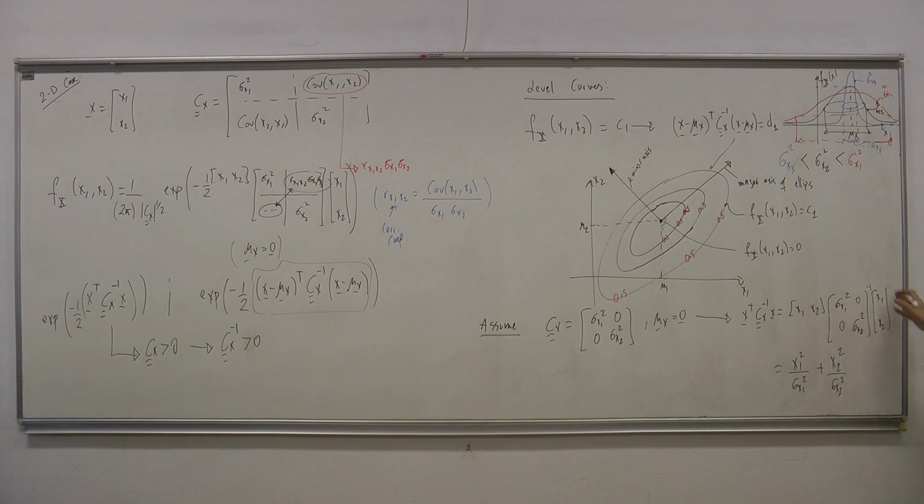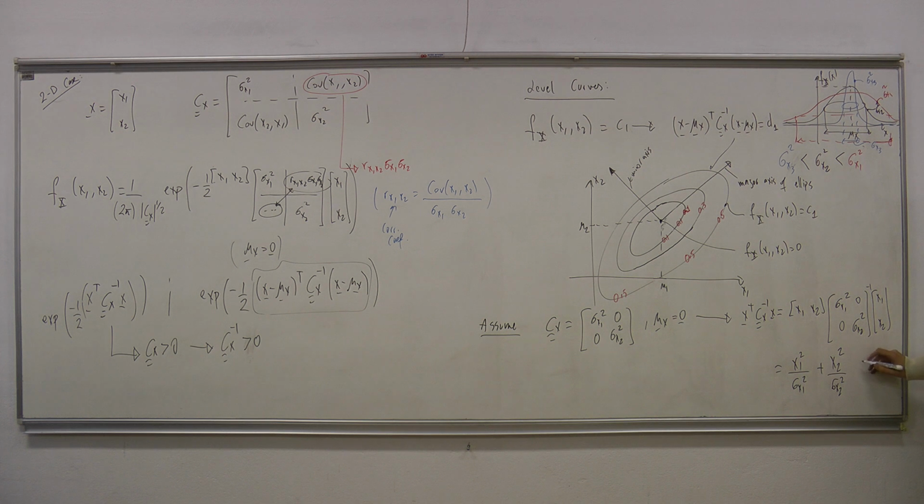Because previously we have studied how we calculate these quadratic products. So this term, after taking this inverse, becomes 1 over sigma X1 square. And then this term is multiplied by X1 and X1, this term is multiplied by X1 and X2, and so on. So this is my function.